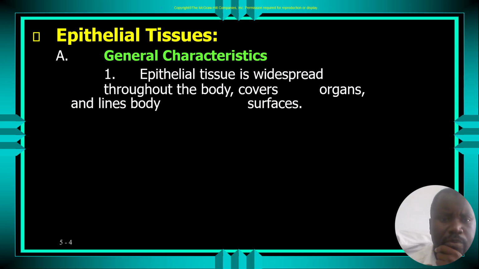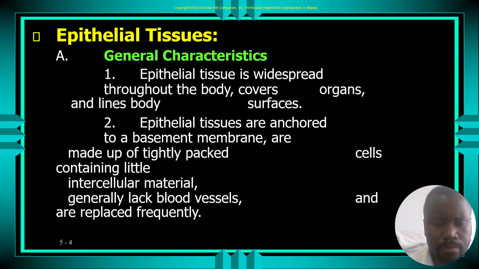So let's begin with the general characteristics. Epithelial tissue is widely spread throughout the body, covering body surfaces and lining internal organs. Then epithelia are anchored on the basement membrane. So there is a membrane of connective tissue on which the epithelial tissue anchors.